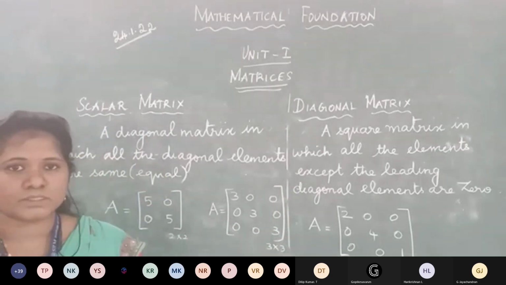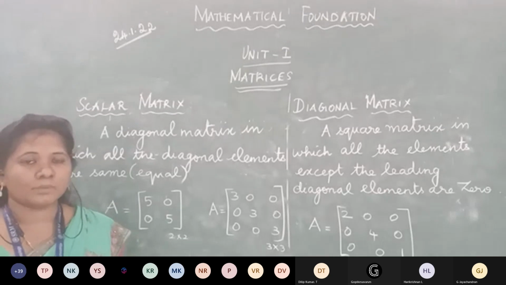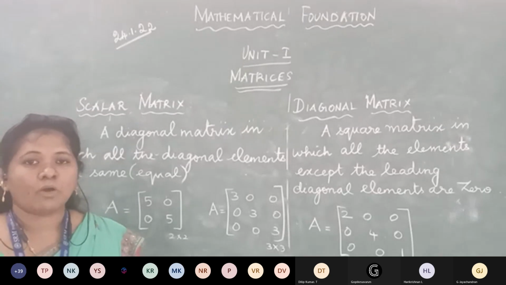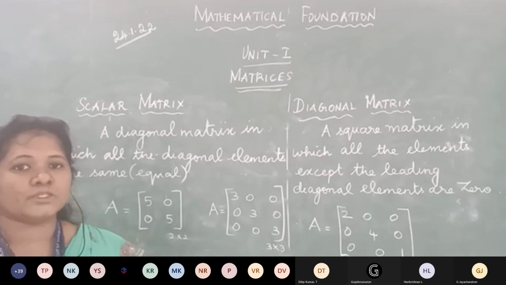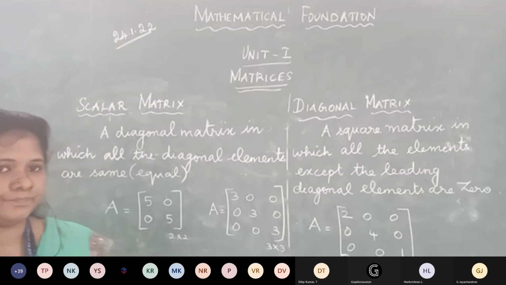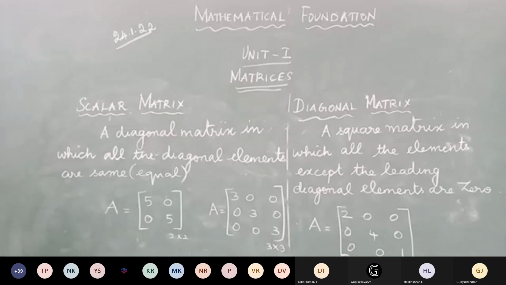Always write your order near itself so that you will remember how you are writing your order. Order is nothing but how many ever rows are there, you will write that rows into your columns. So that is your diagonal matrix and scalar matrix.